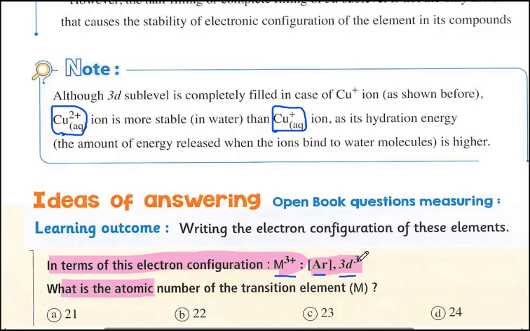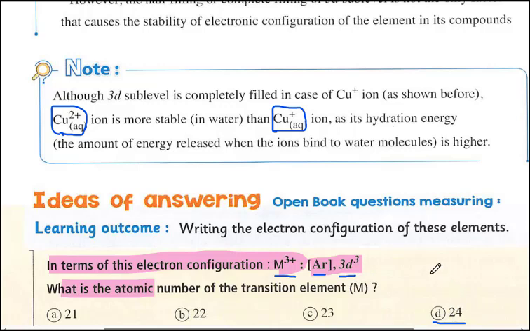So argon 18 plus 3 electrons in the 3d is 21, plus 3 electrons to form the elemental state with charge 0, equals 24. Okay, 24 refers to chromium.